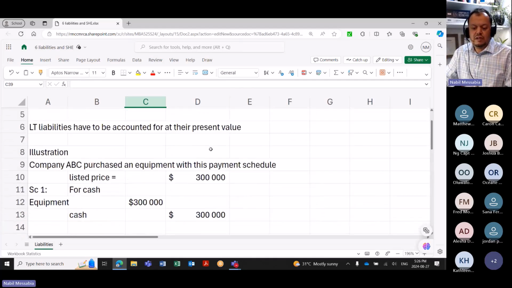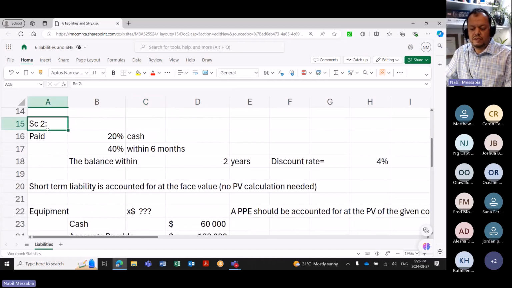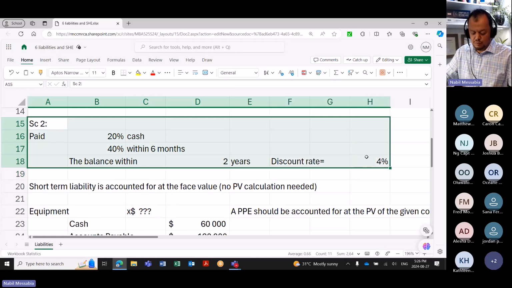Now, let's go to scenario 3, and we are going to presume this. Let me copy this.